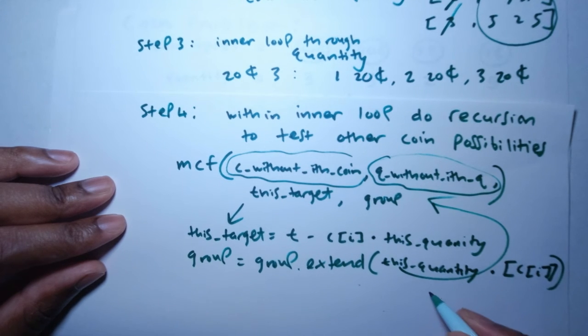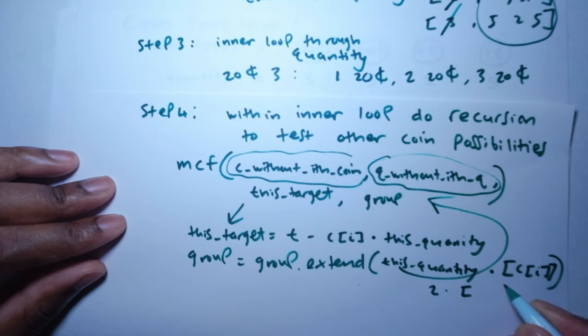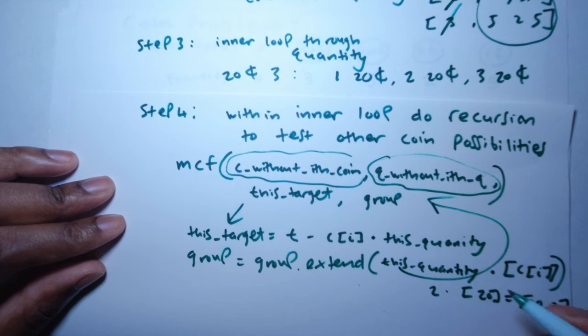So for example, during this inner loop, if we're looking at 2, I would do 2 times, and let's say that we had 20 cents. I would do 2 times 20 cents, which would be equivalent to having 20 cents and 20 cents. And that's what we'd pass in.